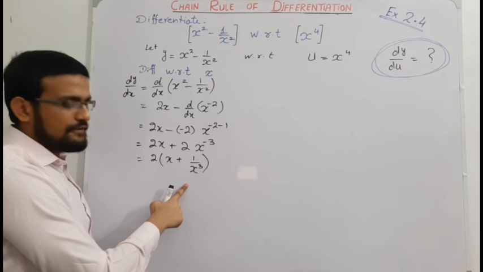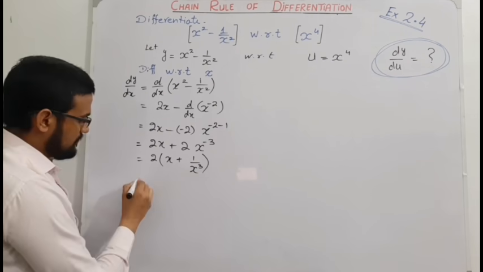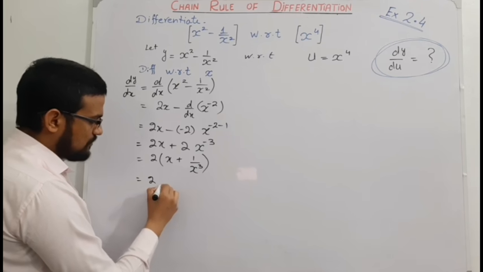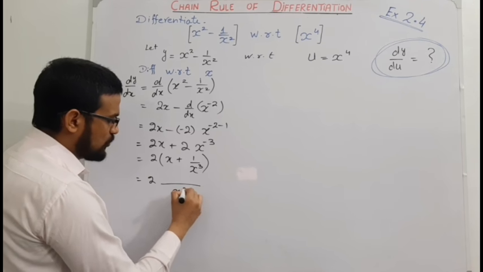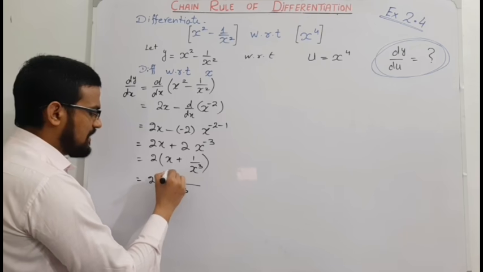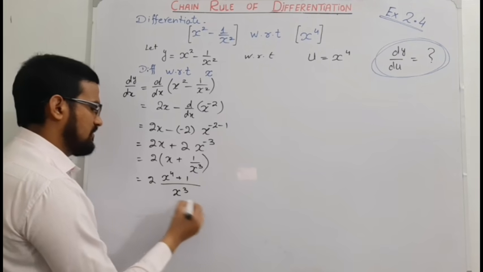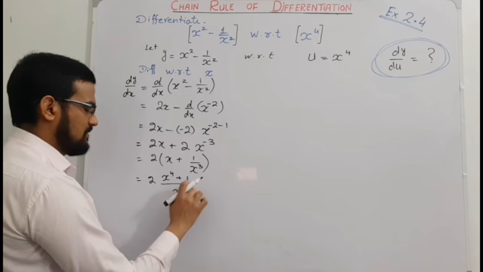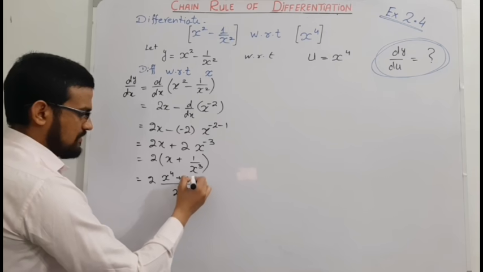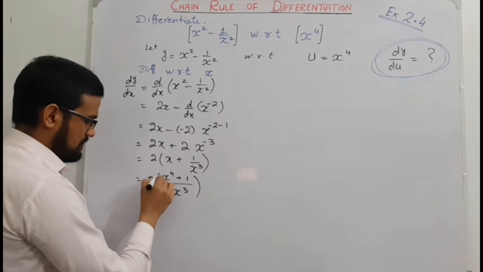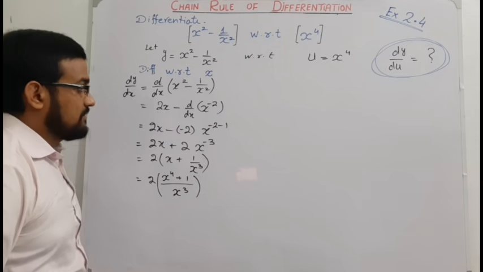Due to the fraction, take the LCM, which is x cube, and it becomes 2 times (x to the power 4 plus 1) over x cube.